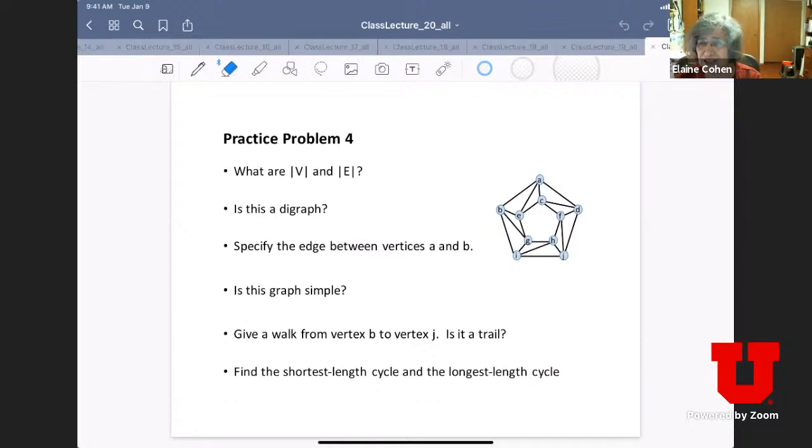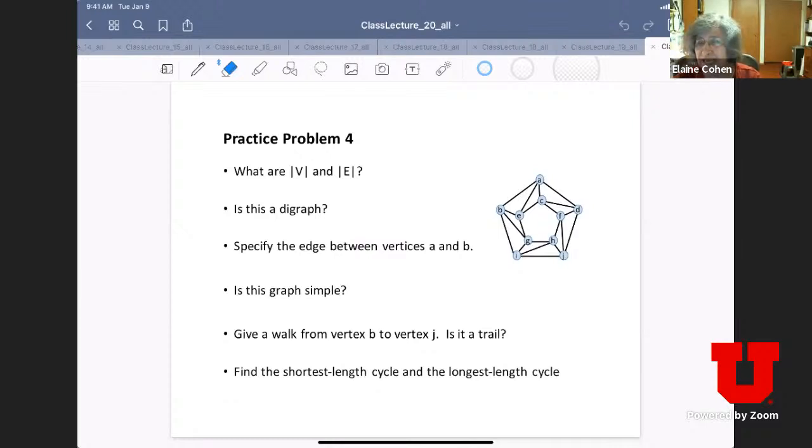No. Every edge that we traversed, we did just one time. Here's one. B to I to J. Yeah, that's a direct one. Very good. They are both trails. One has length 2 because there are 2 edges, and one is a lot longer. Let's see how many edges. 1, 2, 3, 4, 5, 6, 7, 8, 9 edges. Okay.